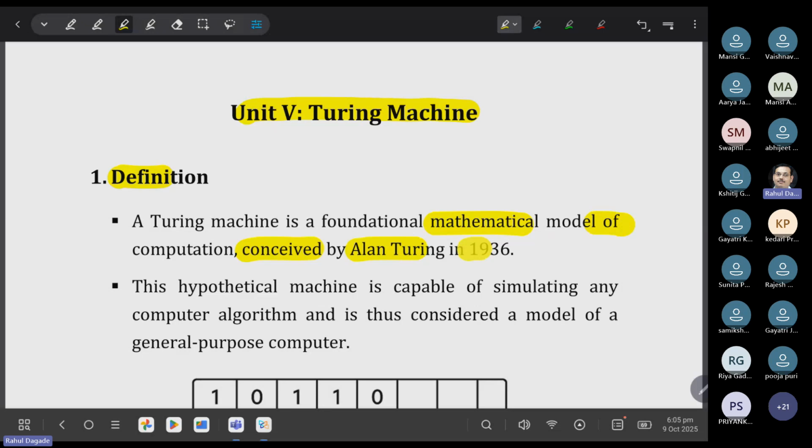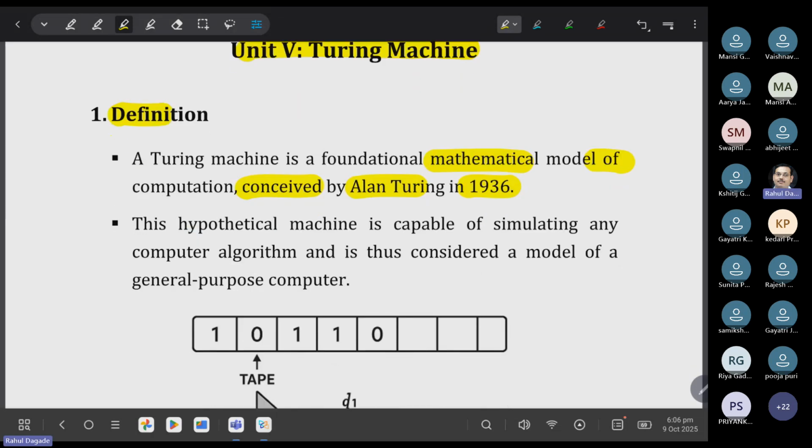So long way back in 1936, Alan Turing conceived this idea of implementing a stored program. That is, a program is stored in a memory, and computation is done in the memory. This hypothetical machine is capable of simulating any computer algorithm and is thus considered a model of a general purpose computer.